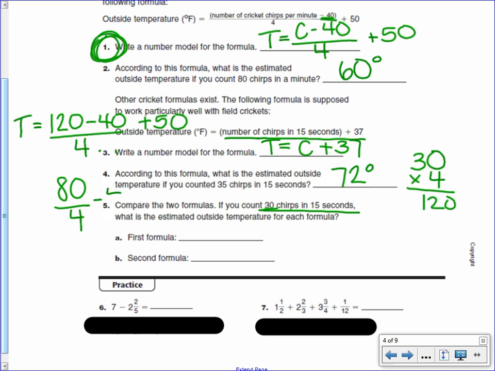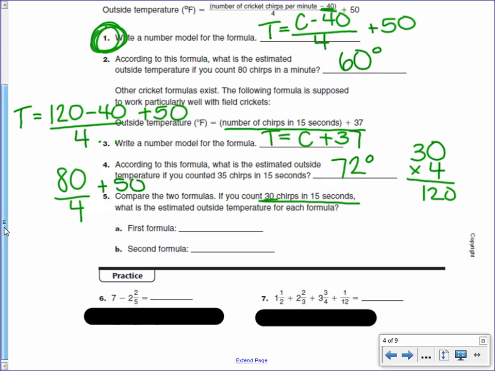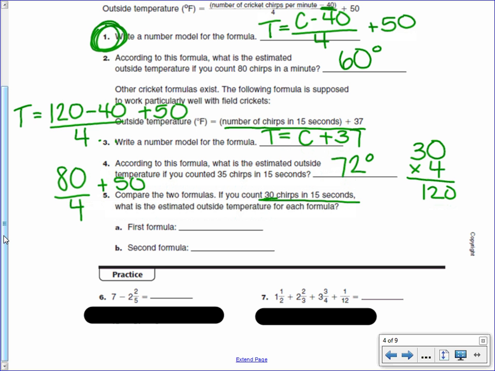Oh, no, we just did the minus 40. I'm sorry. Okay, what is 80 divided by 4? 20. 20 plus 50 is 70. I forgot to divide right away.